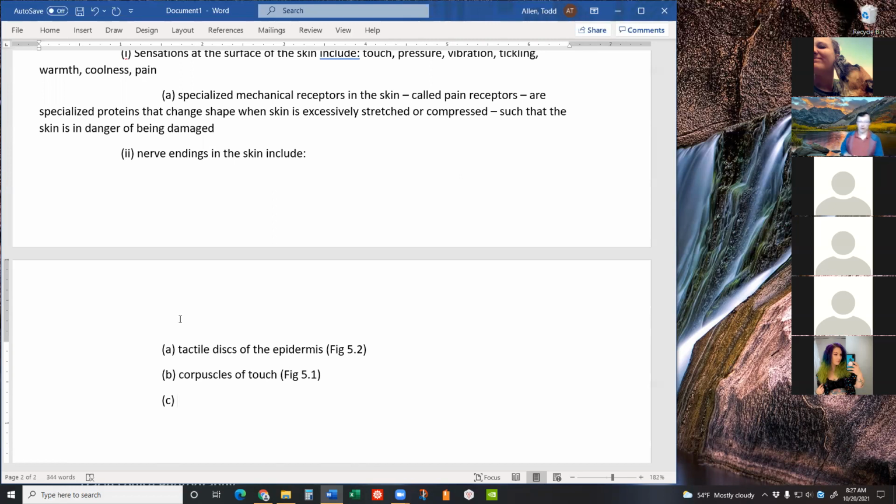In panel A you see the hair root plexus. This is the nervous tissue around each hair follicle and allows the nervous system to be aware when the hair on the surface of your skin is being moved, either because somebody's touching it or wind is blowing across the surface of the hair.